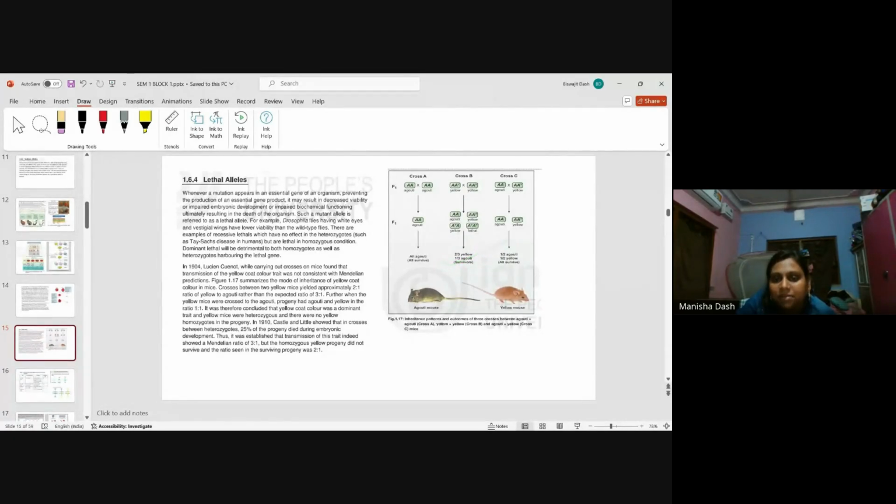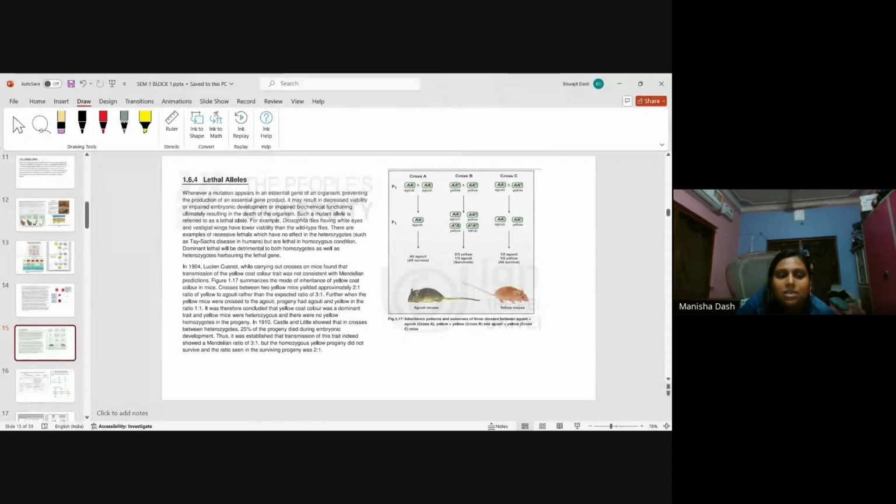But if the mouse is both capital A-Y, then the Y allele in homozygous condition is lethal. That means no mouse with both Y alleles will survive. So this Y allele is known as a lethal allele.